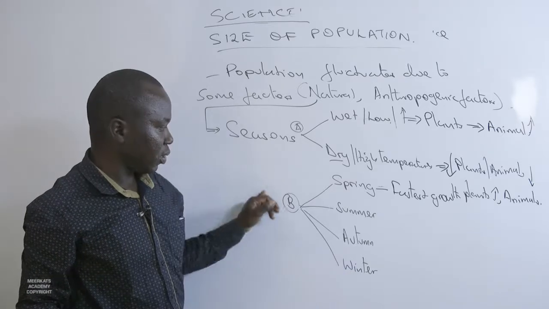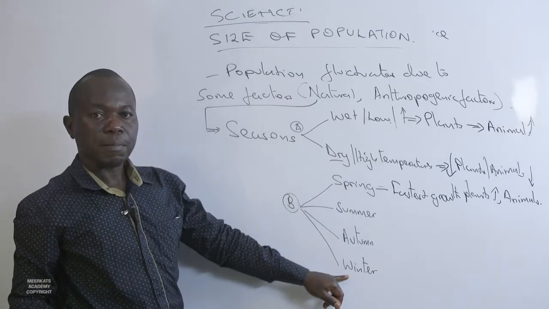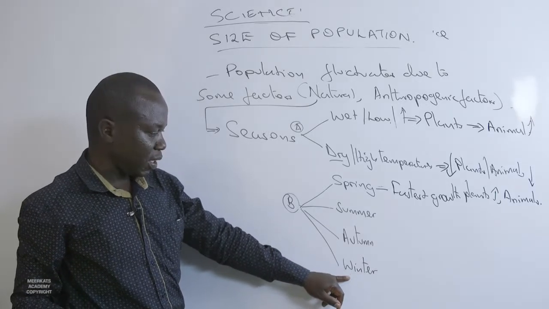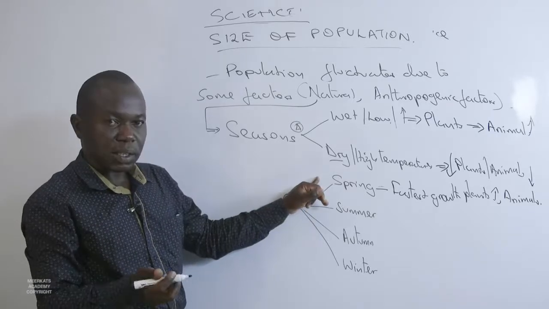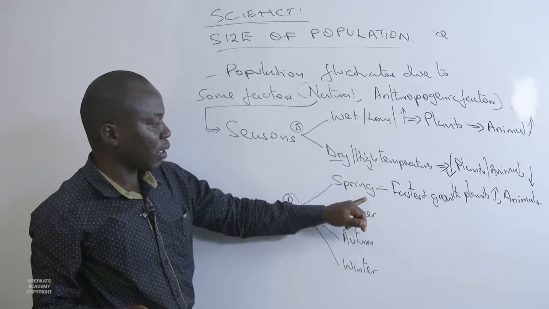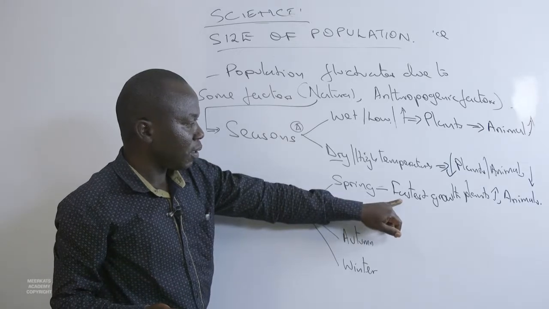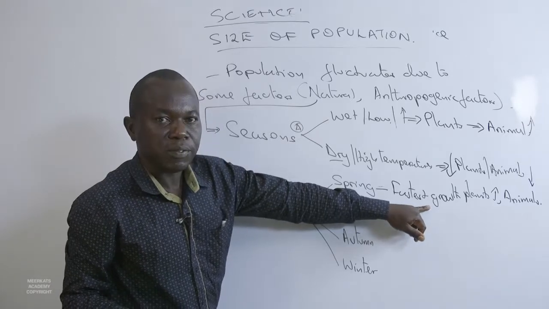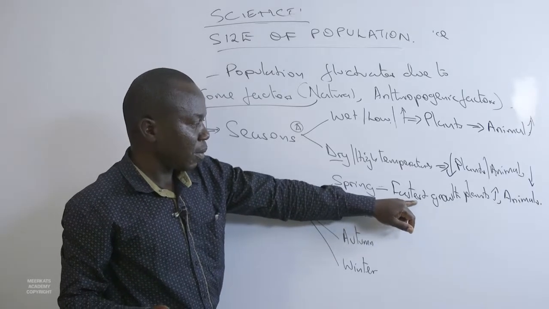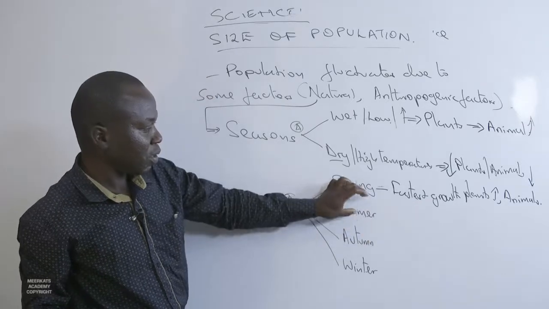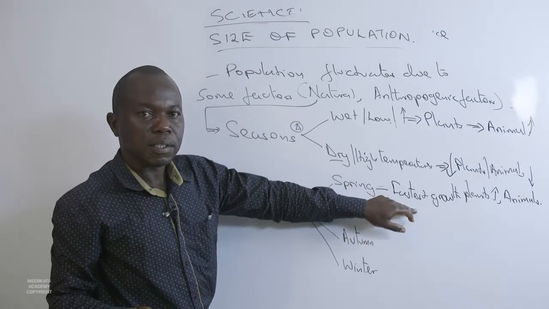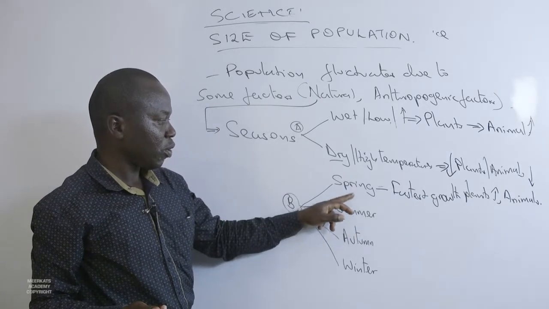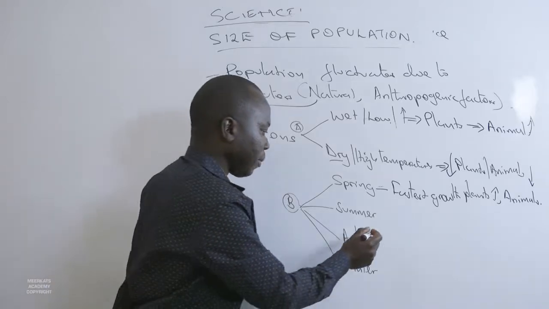Winter is a very cold season where the temperatures are very low, therefore enzymes are inactivated. So once the sun starts to come in or the temperature starts to rise, the plants will grow very fast. In fact, some are able to produce flowers within that short period, and seeds, together with fruits, so that they can make the most of the very good conditions at that time.